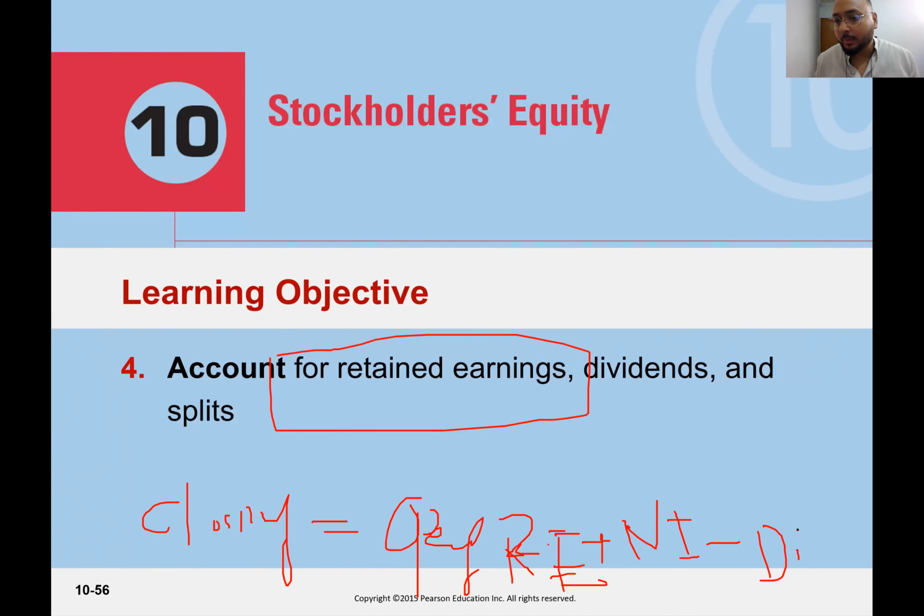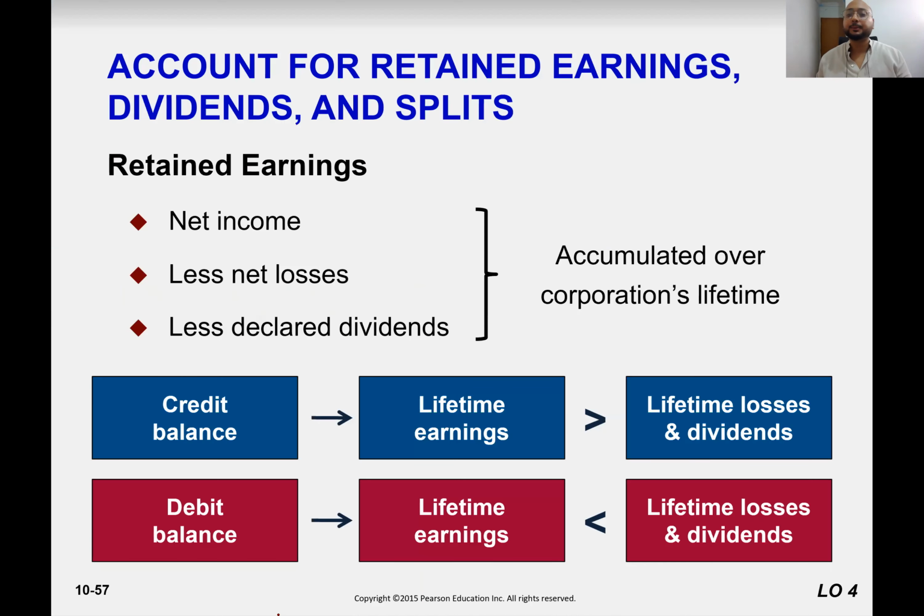Remember, we call our formula this. Opening retained earning plus net income minus dividend. So let's see that. Net income, any losses, less dividend declared.